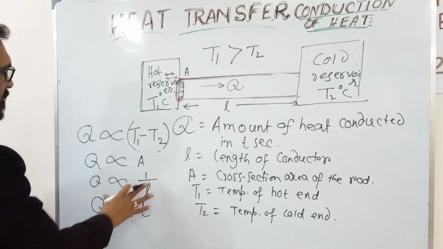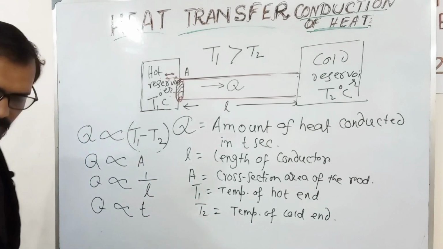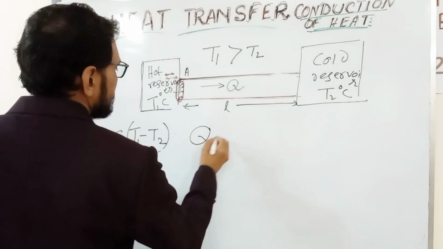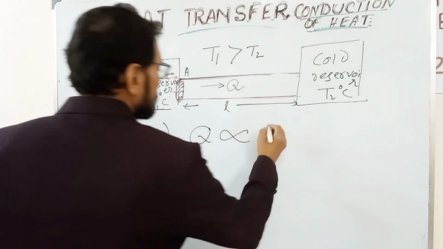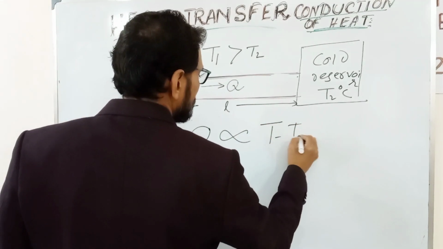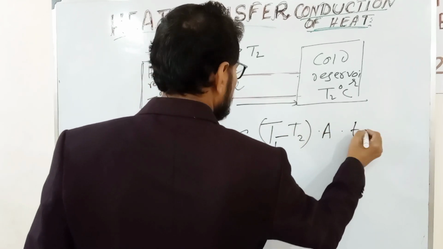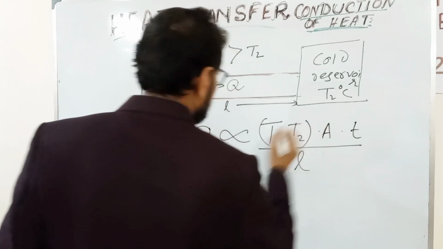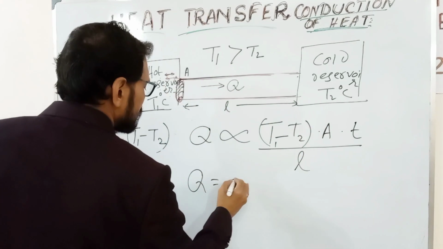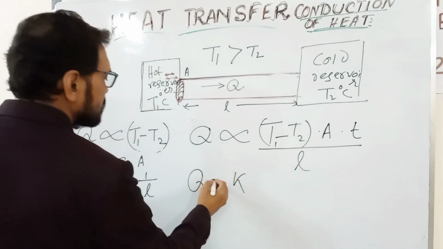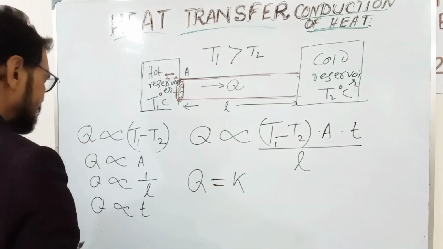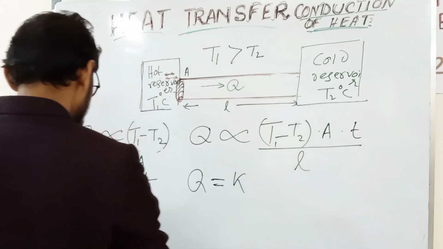Now if we combine these factors, Q is proportional to (T1 minus T2) into A into t by L. So Q equals, when we put the equal sign, a constant term comes here.